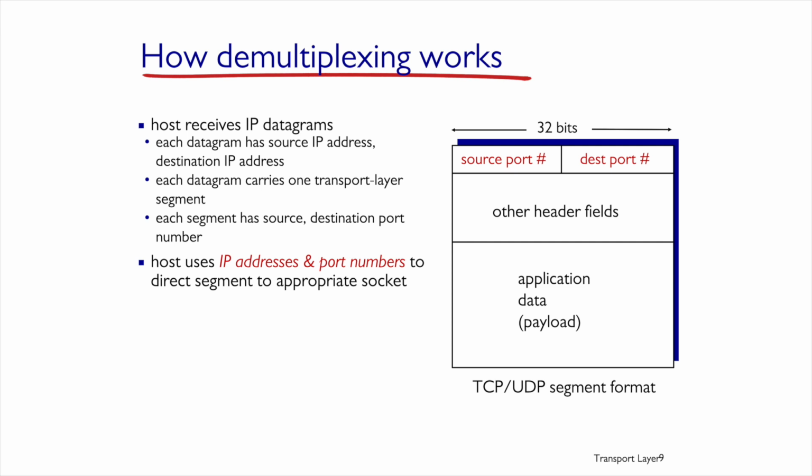Every datagram contains a transportation layer segment, and every segment contains its source and destination ports. So with the destination IP address, it is possible to reach a specific host, and then through the ports to do the demultiplexing. We'll now look in more detail at how it happens in the case of TCP and UDP.